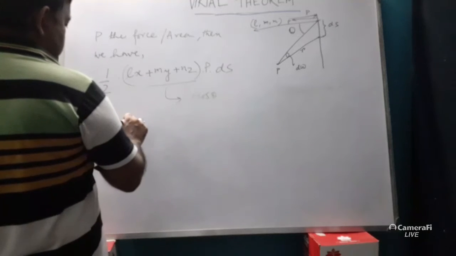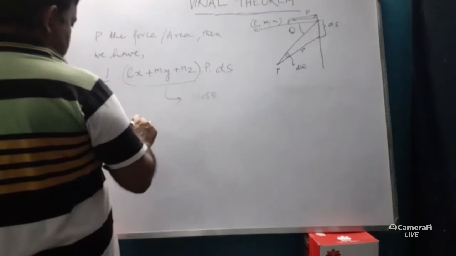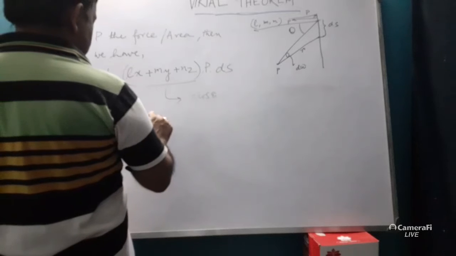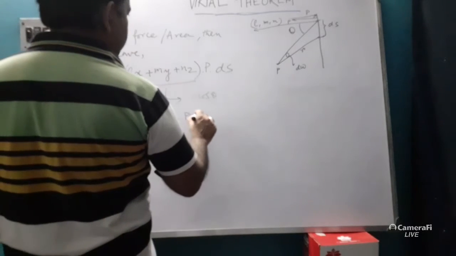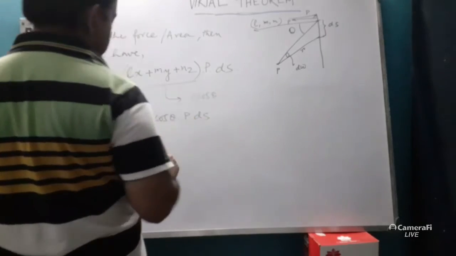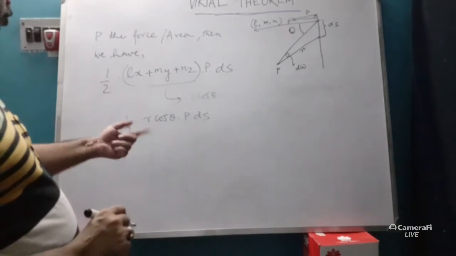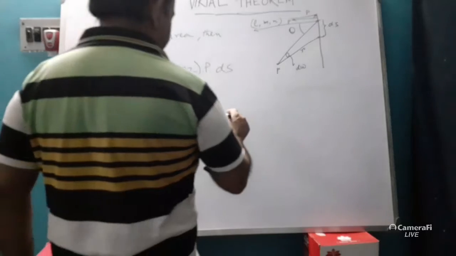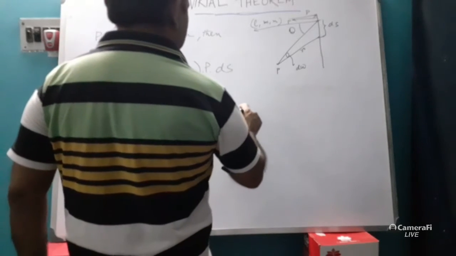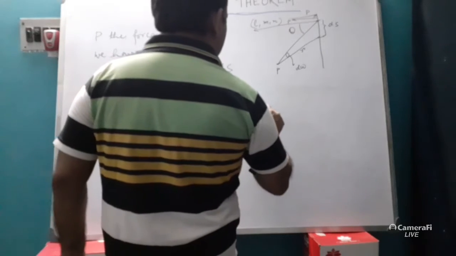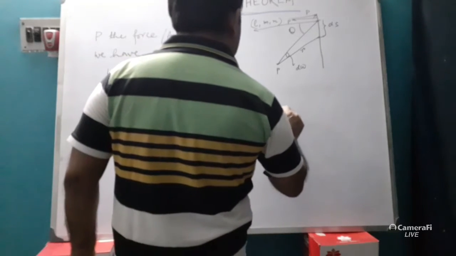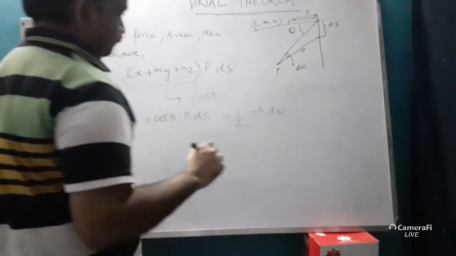So what do we have? Half into r cos theta into p dS. Now you can replace this whole thing in terms of the solid angle. Then we have half r cube d omega.